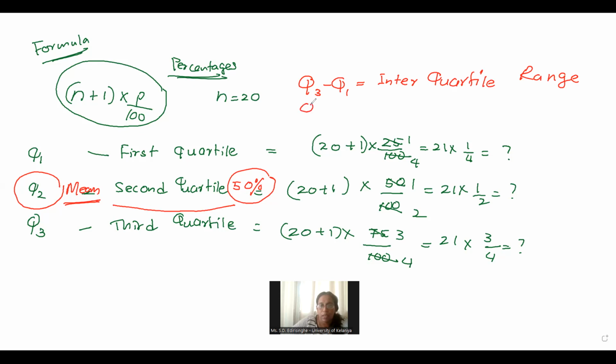The other one is Q3 minus Q1 divided by 2, which is our semi-interquartile range.